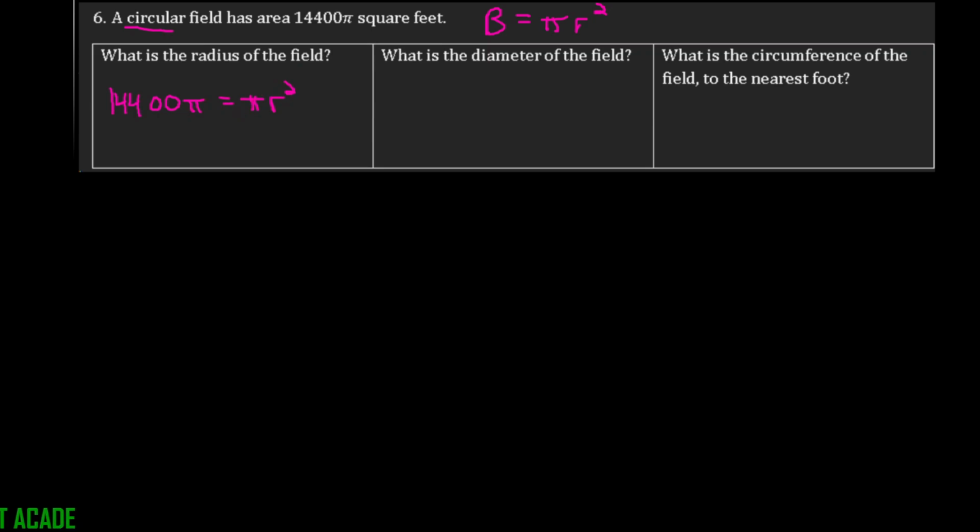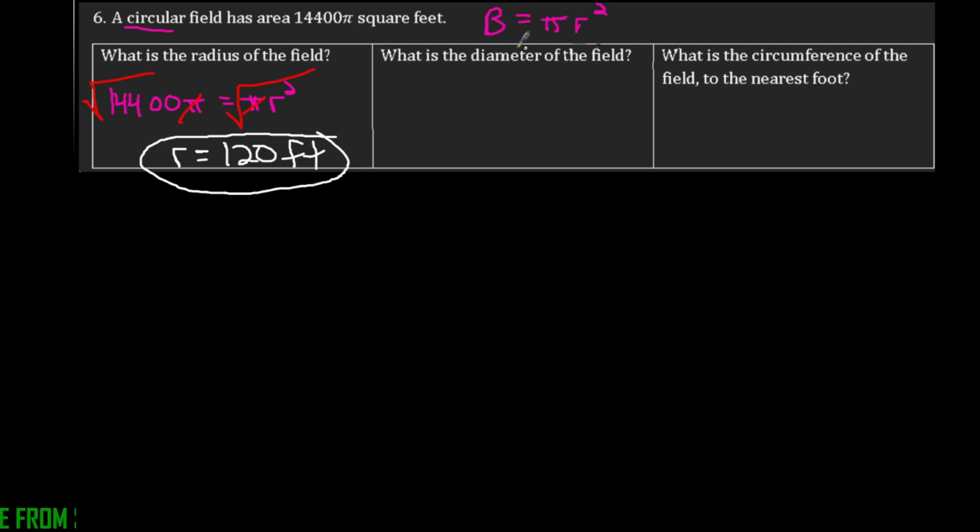Let me try doing a red. I guess that's red. So we're going to say to get r by itself, we have to take that square root. I'm going to take a square root of both sides, and I can say r equals square root of 14,400, which is just going to be 120. And let me say feet for that.